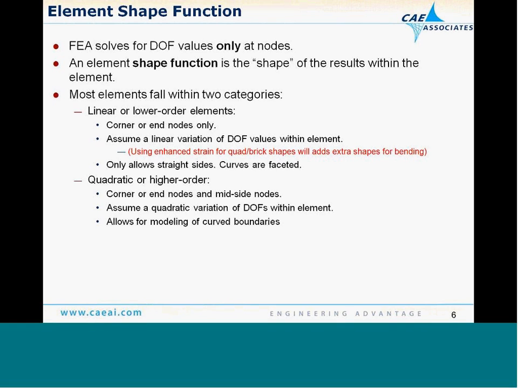Different element types, the definitions that ANSYS can actually predict are a function of the shape functions. So what shapes can these elements distort into? And for the bricks, shells, solids, they all allow us to look at both linear shape functions or quadratic shape functions.